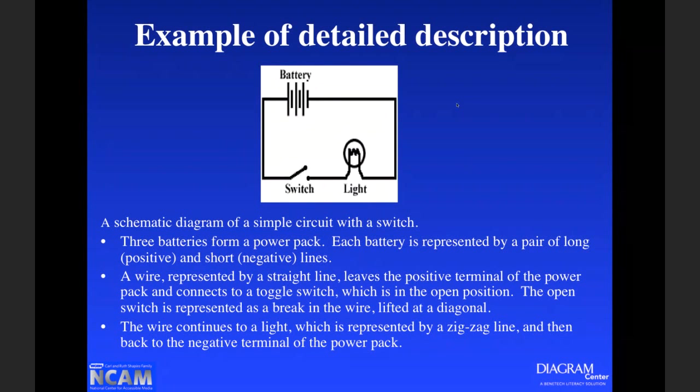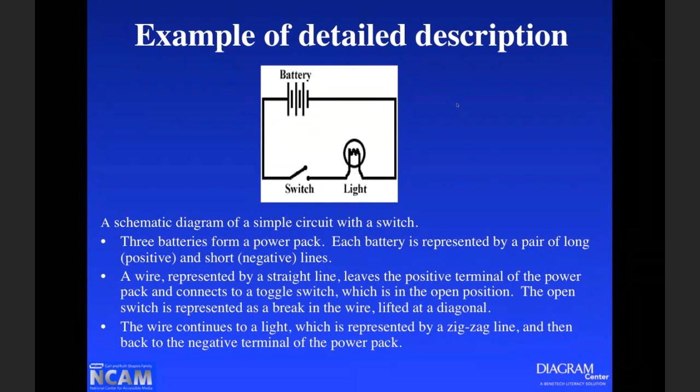So really moving step by step through each element and describing in a lot of detail the visual elements of how this circuit is put together. So this would have been done for an image that's found very early on in instruction, clearly, and probably the first time a student is seeing a circuit depicted in an illustration like this.